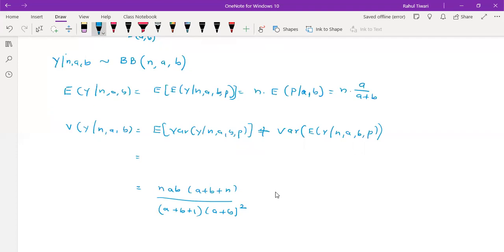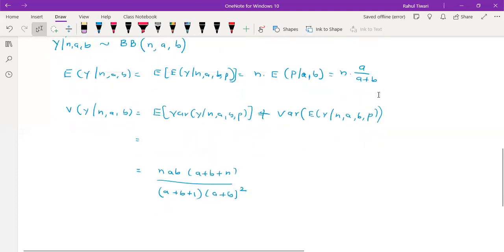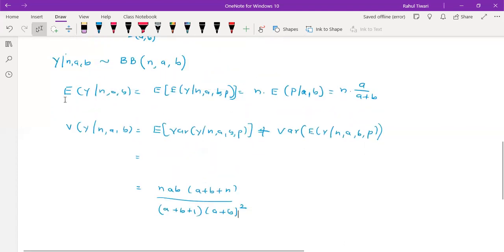But if you observe these two distributions, this particular proportion, a upon a plus b, let us assume it is theta. So the expected value of y will be n theta, or you can assume p, so np.